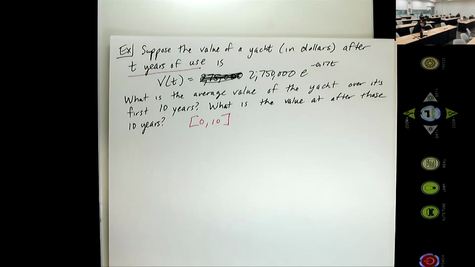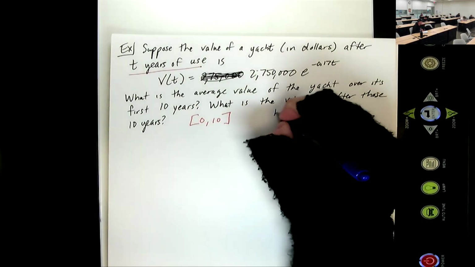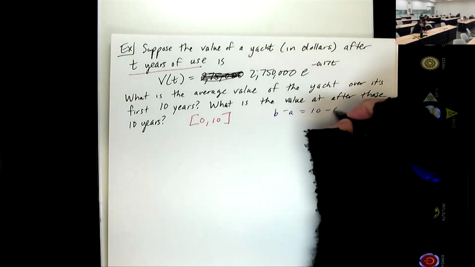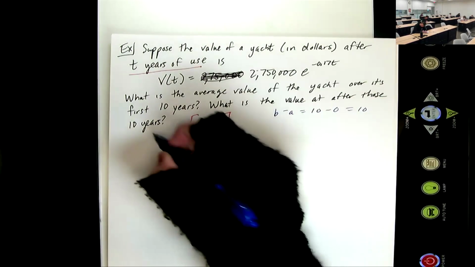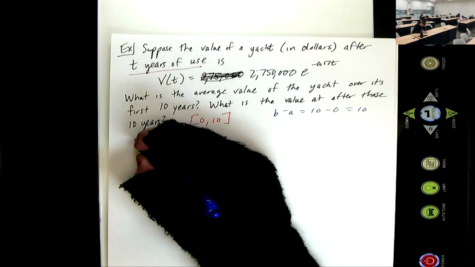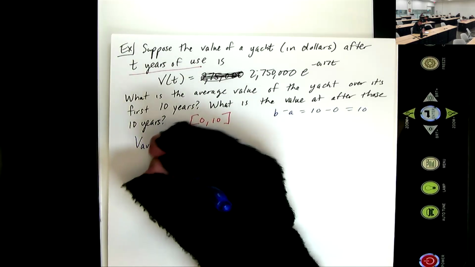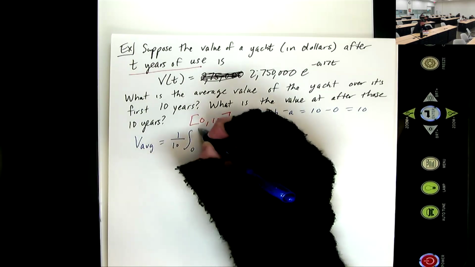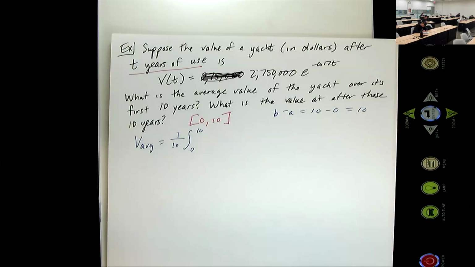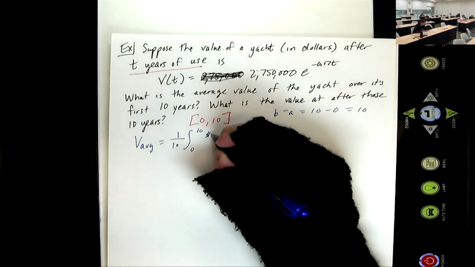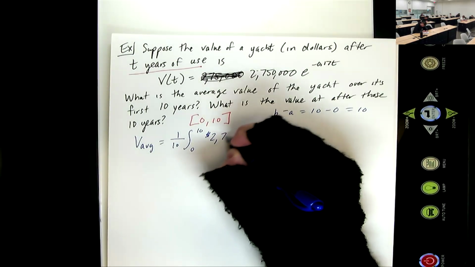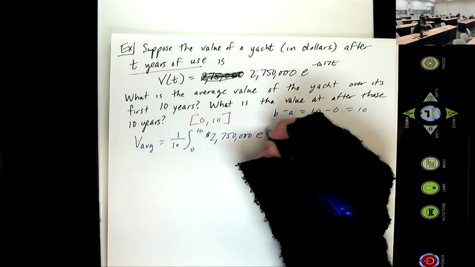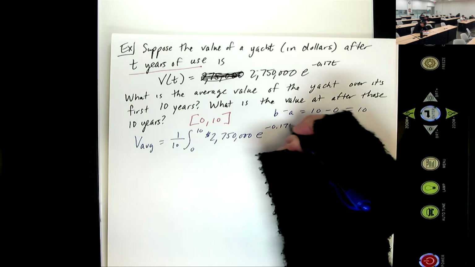So that's my b and my a, so b minus a is 10. 10 minus 0 is 10. So the average value is going to be 1/10 of the integral from 0 to 10 of $2,750,000 e to the negative 0.17 t dt.